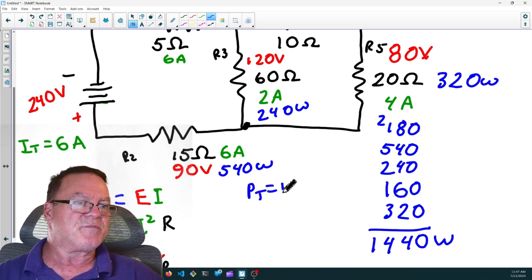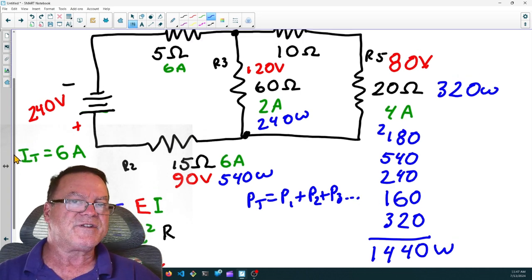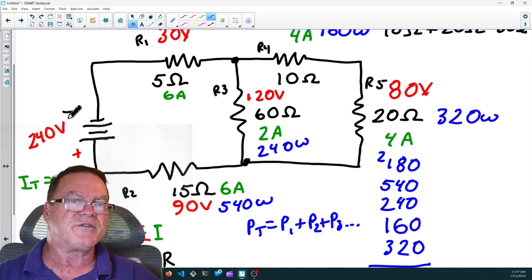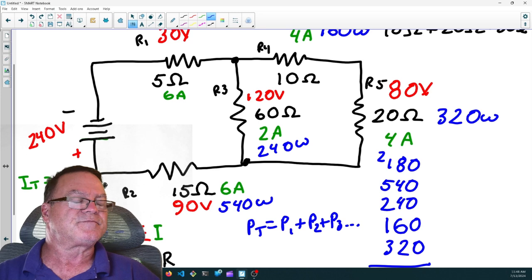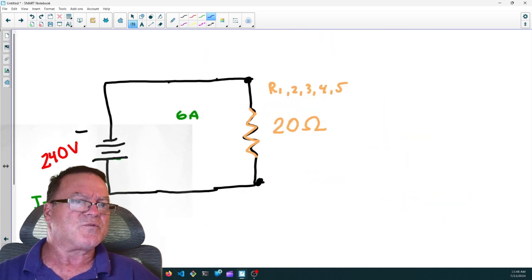PT equals P1 plus P2 plus P3 plus PN. Now, we said 1,440 watts. Look, we have 240 volts and 6 amps. I don't know if I ever said, if we went back to this last one, what's the total resistance in this circuit? 20 ohms.